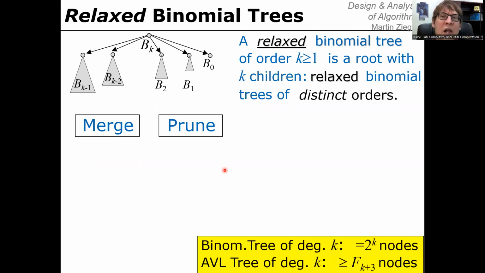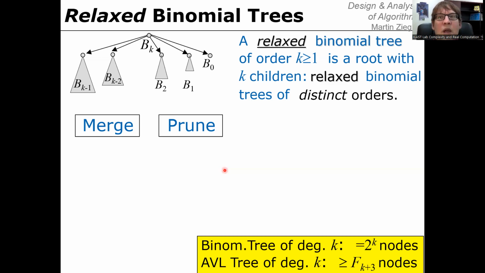And algorithmically, we place a mark on the root to indicate whether a subtree has been pruned, whether it has turned from a binomial tree into a relaxed binomial tree. That's where we use a mark. Remember, we already used marks for AVL trees as balance indicators, which are 0, plus, and minus.